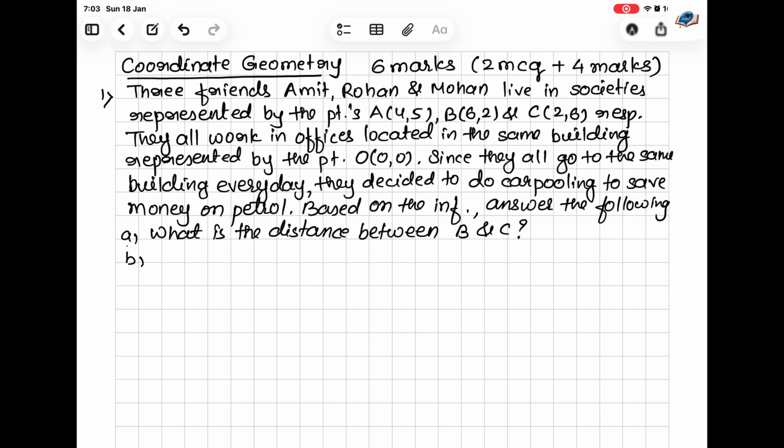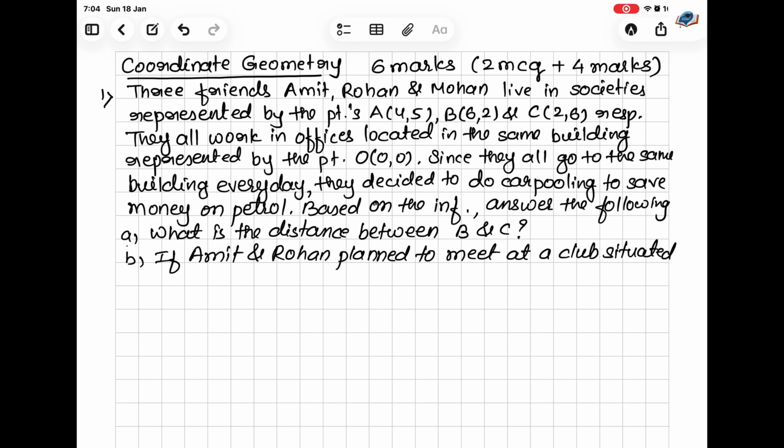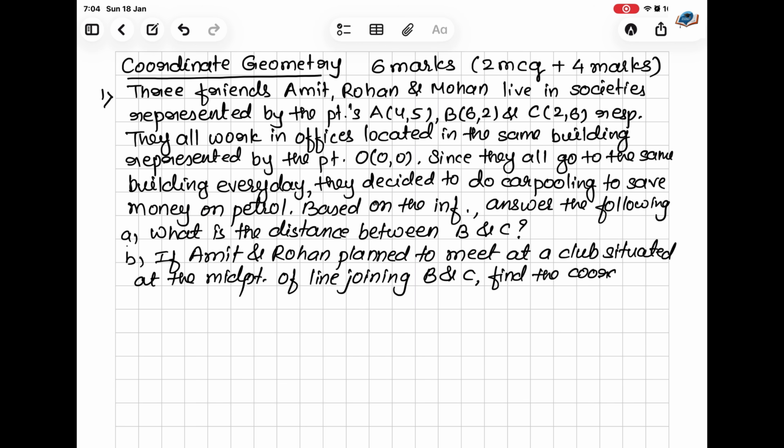B1 is, if Amit and Rohan plan to meet at a club situated at the midpoint of line joining B and C, find the coordinates of this point.